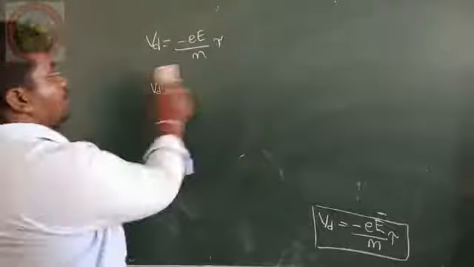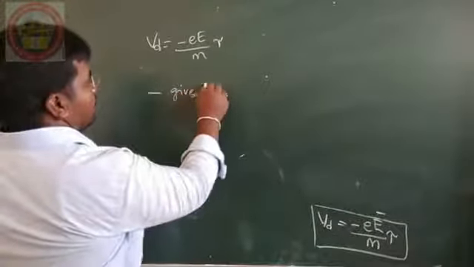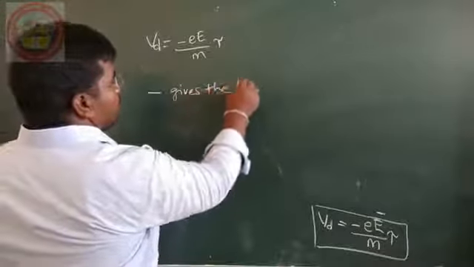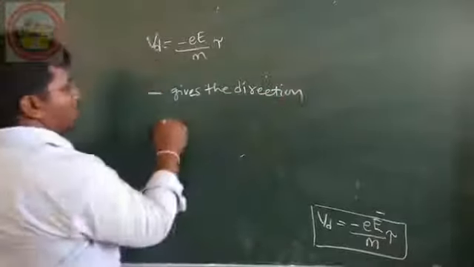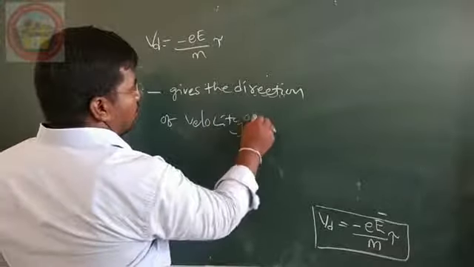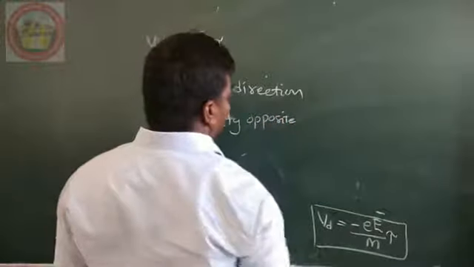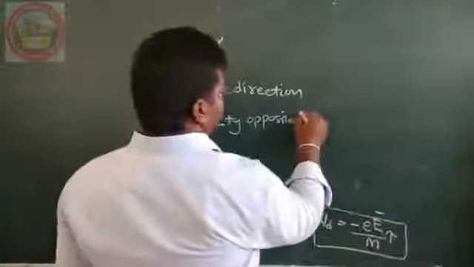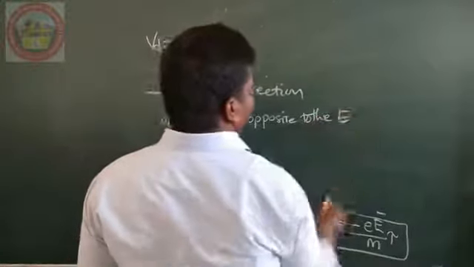Understand? The minus sign gives the direction of velocity: drift velocity is opposite to the external electric field.